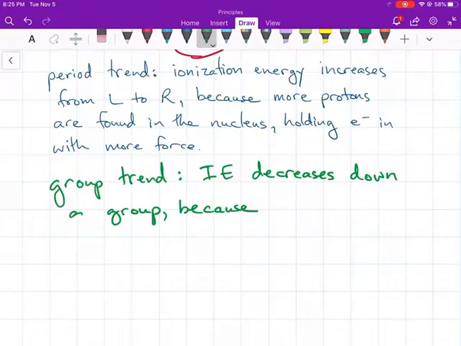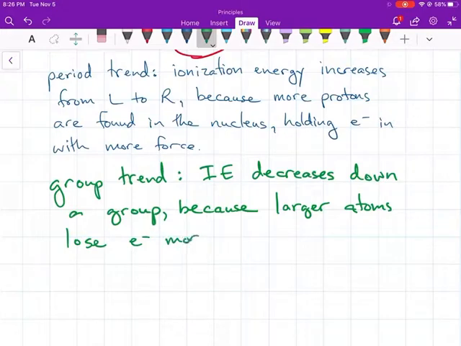Right, so you should have said that the atoms get bigger, and larger atoms lose electrons more easily. So the electrons are pulled away more easily. It takes less energy, less ionization energy.